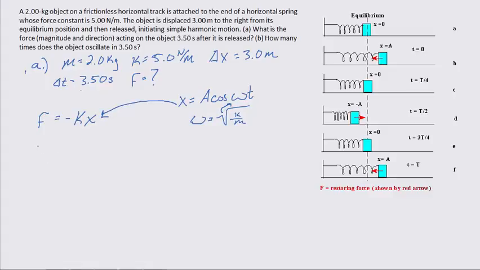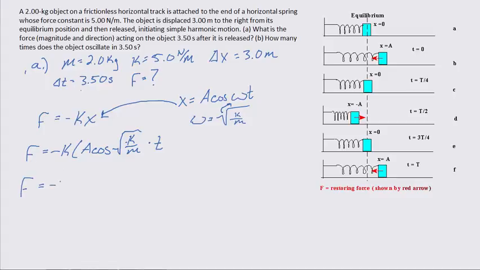So we can plug this expression for W and this X into our Hooke's law. We get an equation that our force is equal to our negative spring constant times our amplitude multiplied by cosine of the square root of K divided by M multiplied by our time. All our values are known besides force, so we can solve for our force.